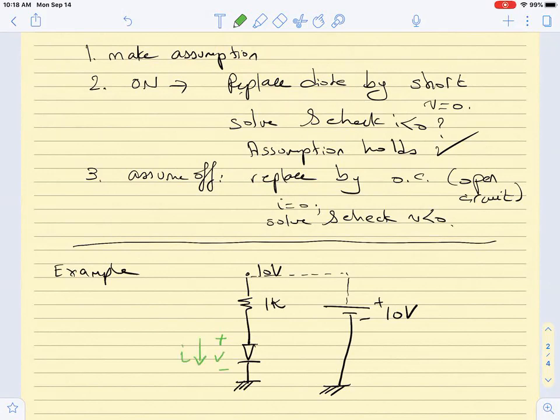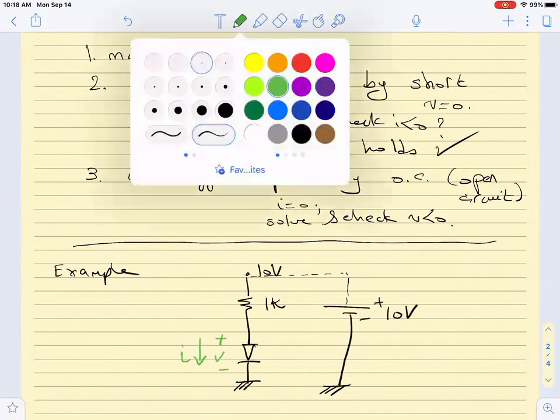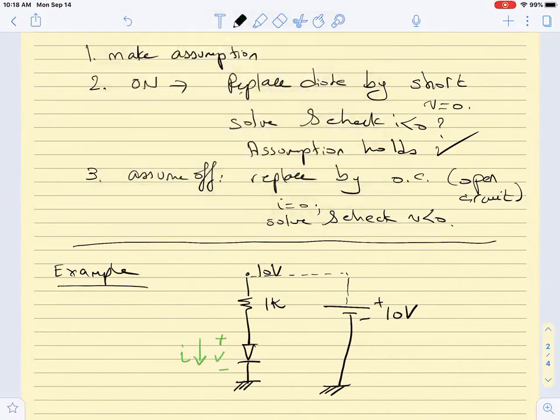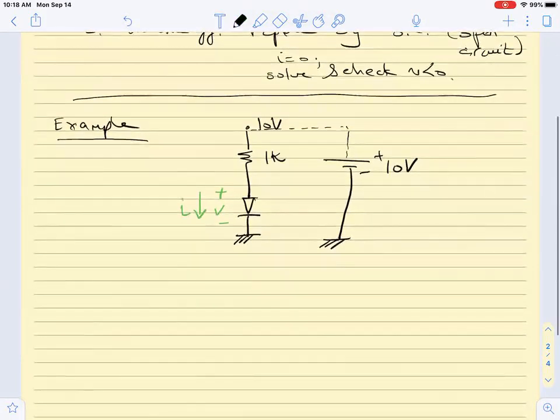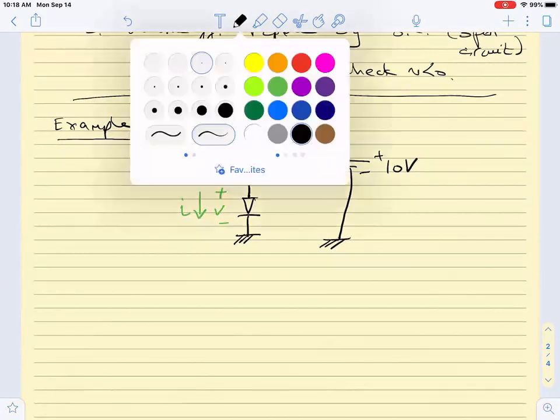Now in what region should we assume this diode is operating? The on region. What is the direction of the current flow?